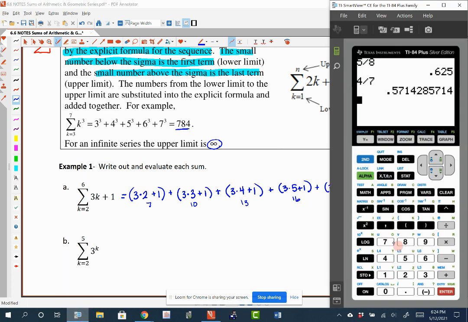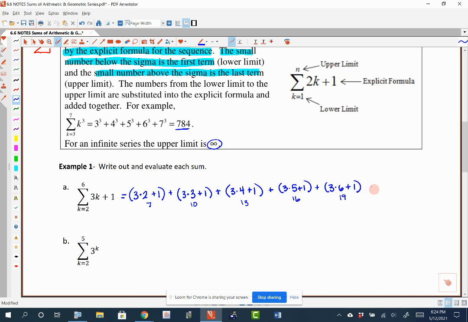So I'd like to add all those together. 7 plus 10 plus 13 plus 16 plus 19. And I get a total sum of 65. So all of these terms, starting from term 2 to term 6, when we plug into this function, have a sum of 65.